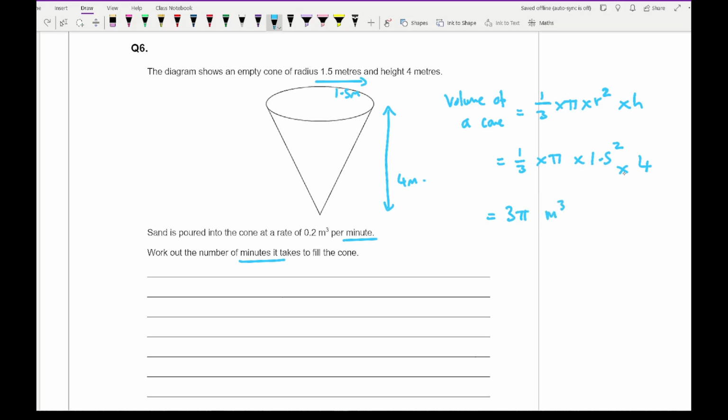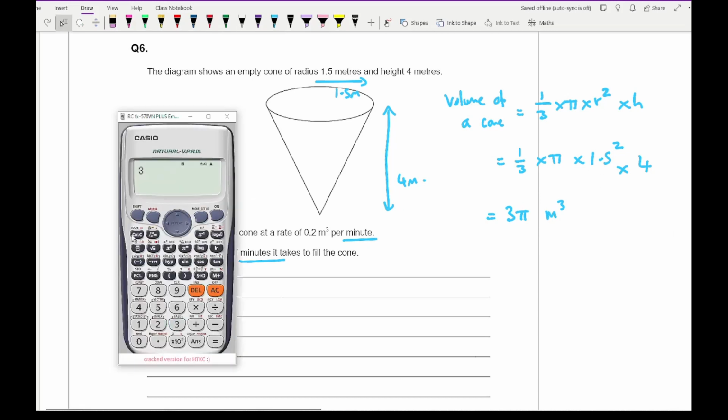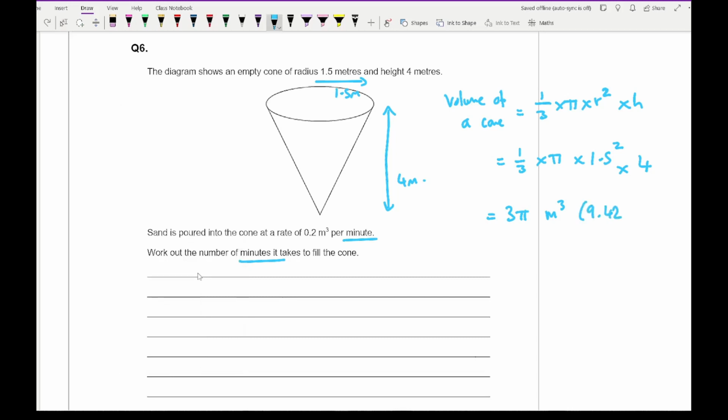So from this, what I then need to do is divide that by the rate, and let me just work out what 3 pi actually is, which is 9.424 meter cubed, and that's been rounded to 3 decimal places, but I'm going to use the exact value.